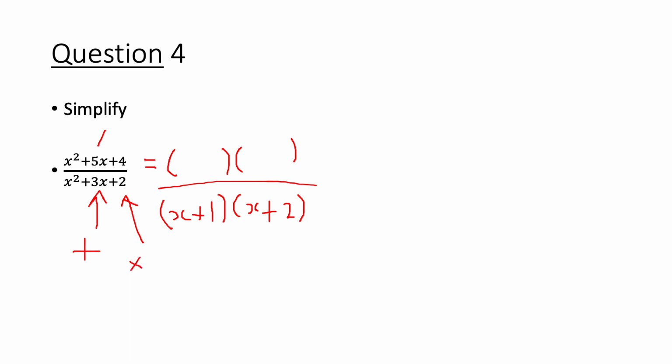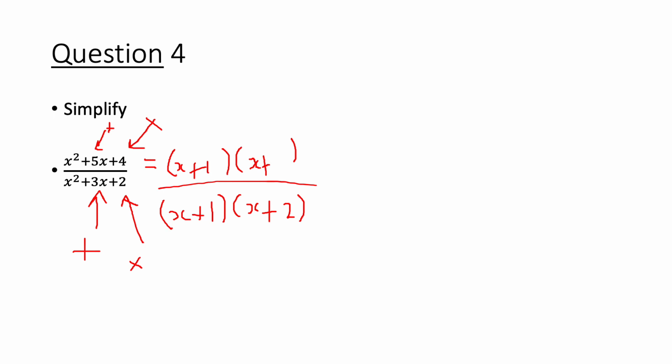Okay, top one. So x and x. It's going to be 2 pluses again. So it's numbers that add to make 5 and multiply to make 4. The factors of 4 are 1 and 4 and 2 and 2. It can't be 2 and 2 here because 2 and 2 is 4 and not 5.